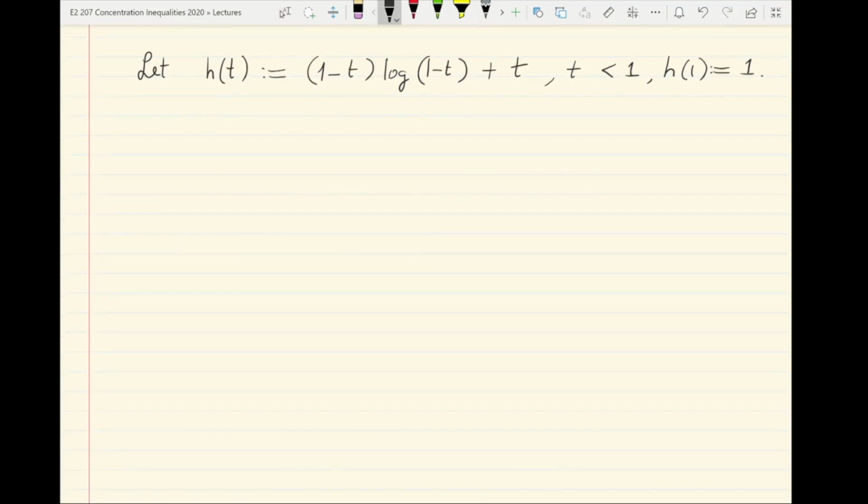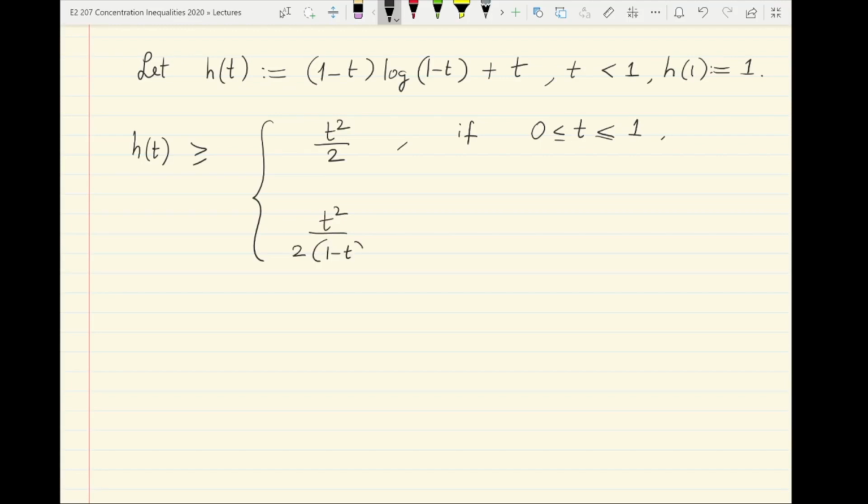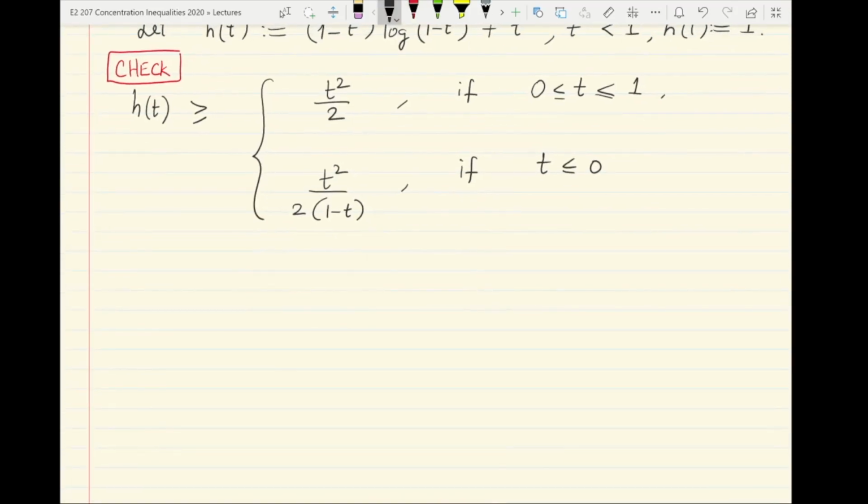One can prove this easy inequality that says that h of t is lower bounded by t squared by 2 if t lies between 0 and 1, and t squared by 2(1 minus t) if t is negative. So this is something that you can easily check, and these bounds will come in very handy.